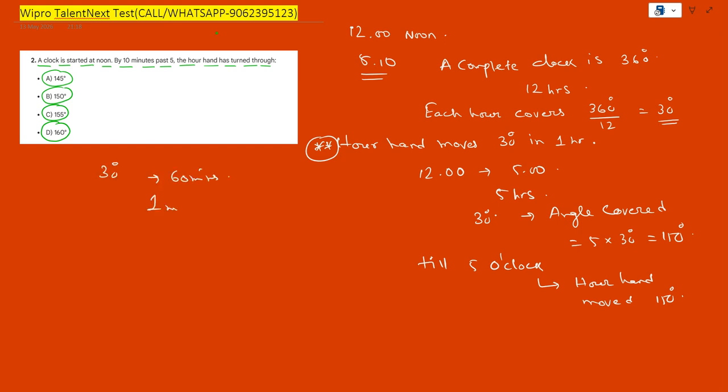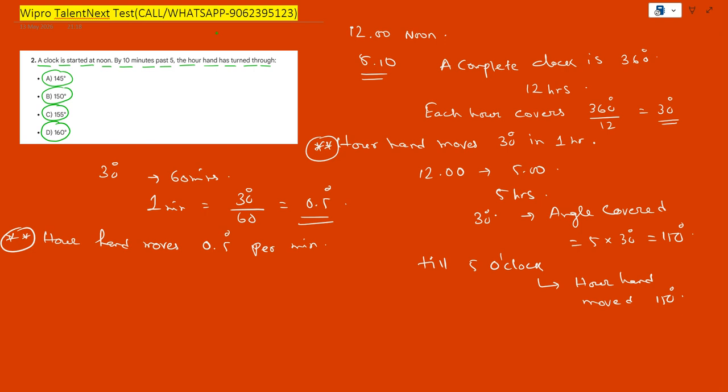So in 1 minute, it moves 30 degree by 60, that is 0.5 degrees. Another super important result. Hour hand moves 0.5 degrees per minute. This is also very, very important.